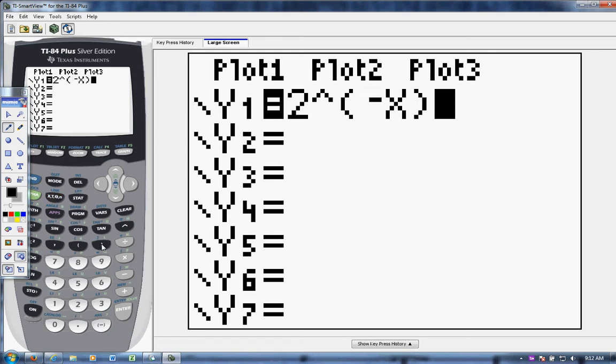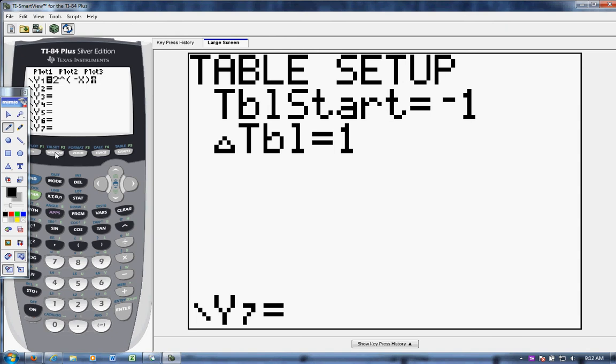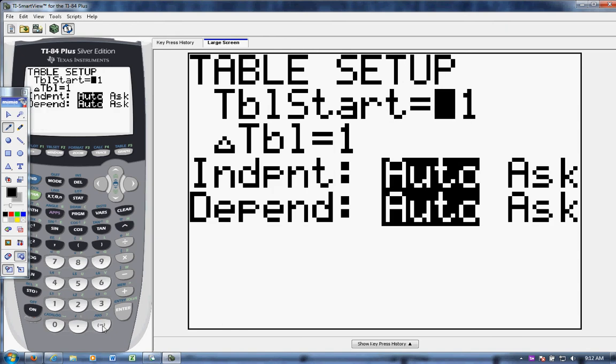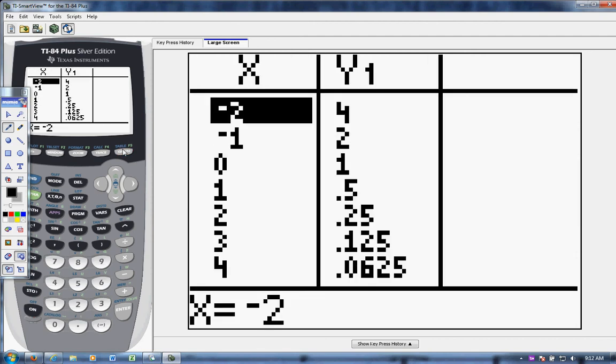Okay? And let's not go to the graph yet. Let's go to the table. And let's see, when did we start on that last one? About negative 2 or something? Negative 2, and we'll go to the table. And I think you will notice that things are kind of backwards, aren't they? Look what's happening.